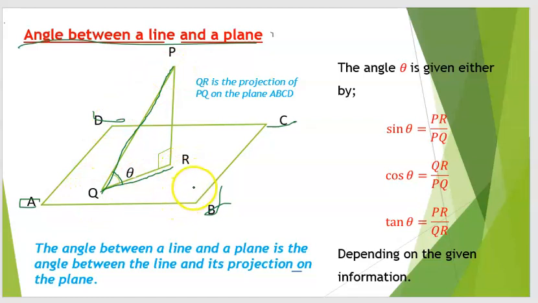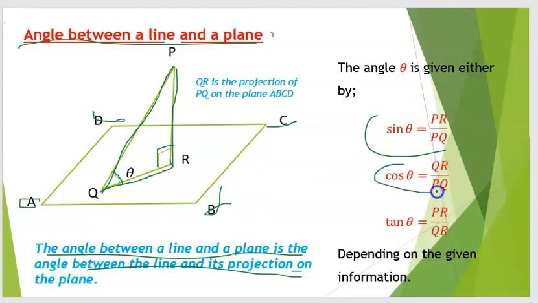So majorly, the angle between a line and a plane is the angle between the line and its projection. Once you have gotten this, you can complete it to form a right-angled triangle. Therefore, you can use either the sine, the cosine, or the tangent to find the angle between the line and the plane, depending on the given information.